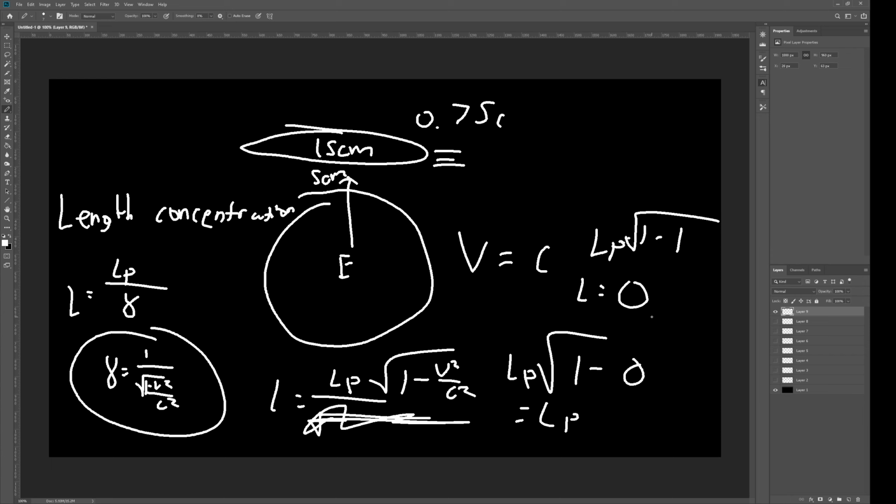This means that if you are moving at the speed of light, your length is going to be 0. I don't know who wants to be 0 in size, but it also just means that it is impossible to do. So don't move at the speed of light.